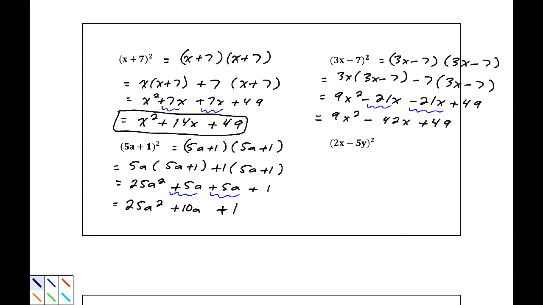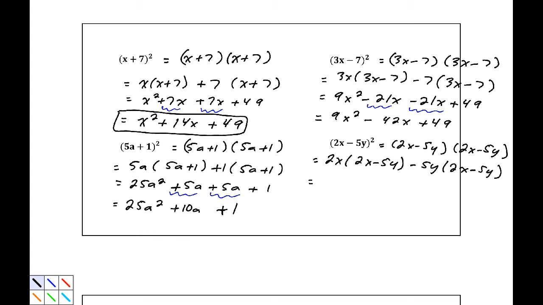Now for our last example, we have the quantity 2x minus 5y squared, which again I can write as 2x minus 5y multiplied by 2x minus 5y. And I can write that as 2x multiplied by 2x minus 5y, minus 5y multiplied by 2x minus 5y. Distributing the 2x to 2x minus 5y results in 4x squared minus 10xy.